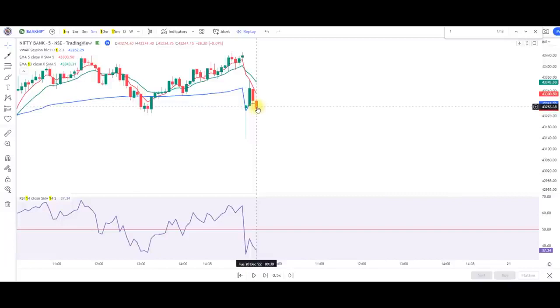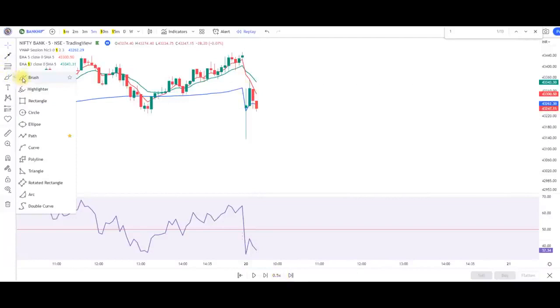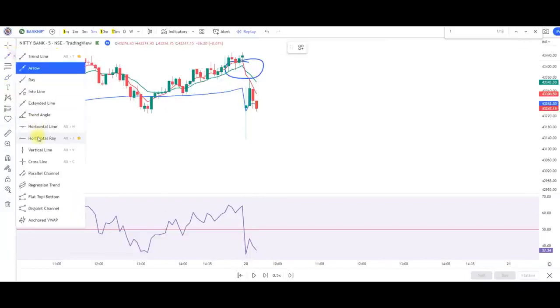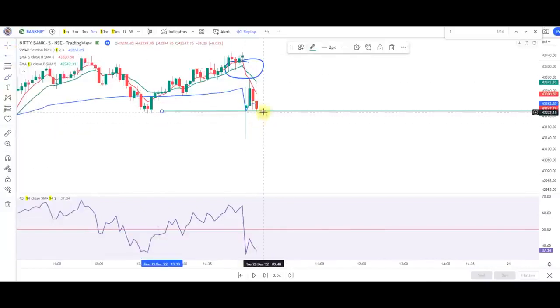But when we see this 9:30 candle, which gave a close below the VWAP and RSI is also below 50, and we already got the 5 and 13 EMA crossover here, all the 3 conditions are satisfied for the selling side. So we look for a sell below this red candle.